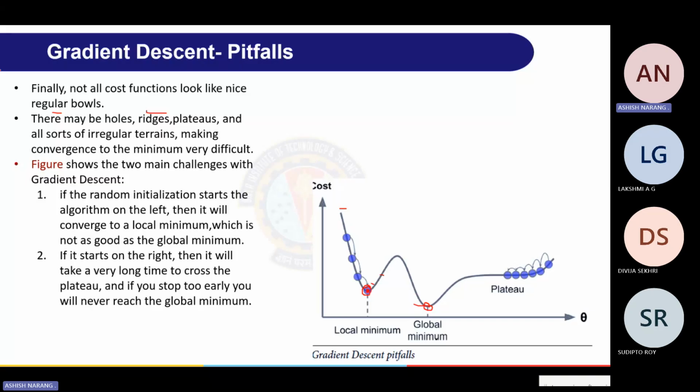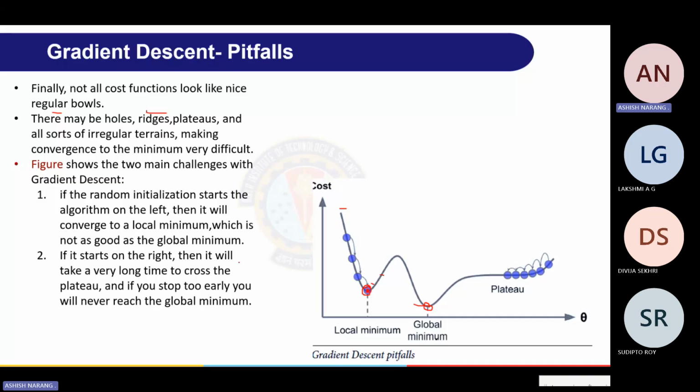So there may be holes, ridges, plateaus, and all sorts of irregular terrains, making the convergence to the minimum very difficult, right? Minimum is this global minimum, but it ends up in a local minimum. Second, if the random initialization starts the algorithm on the left, then it will converge to a local minimum, right, which is not as good as the global minimum.